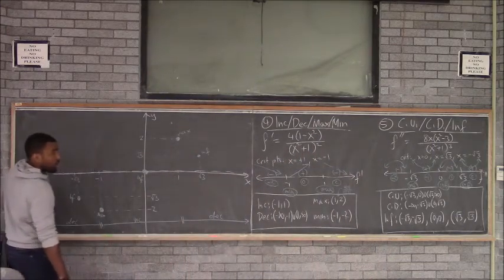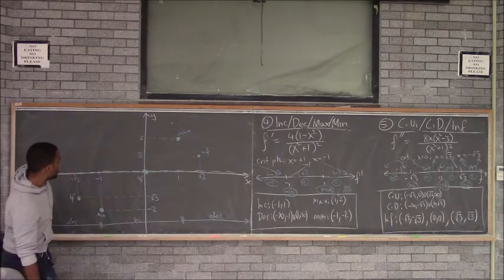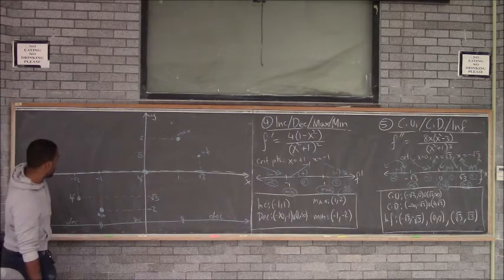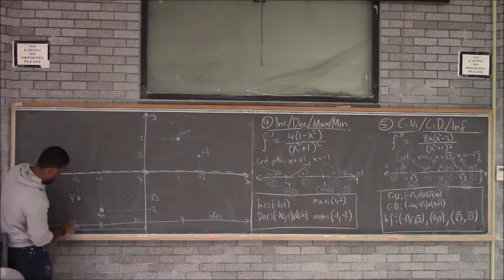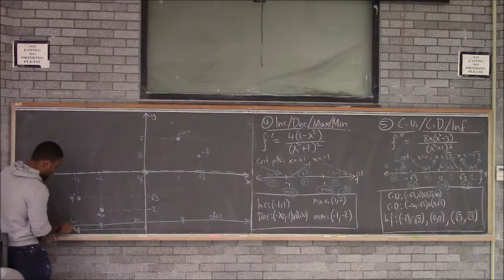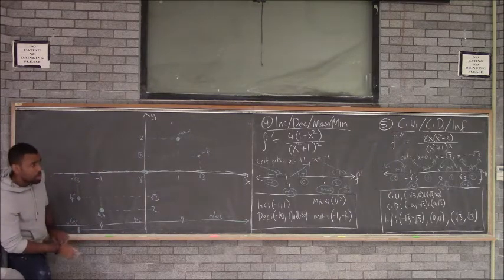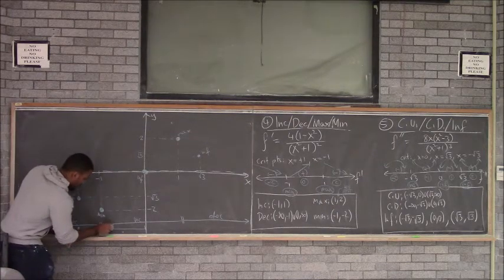So between 0 and minus radical 3, I am concave up.